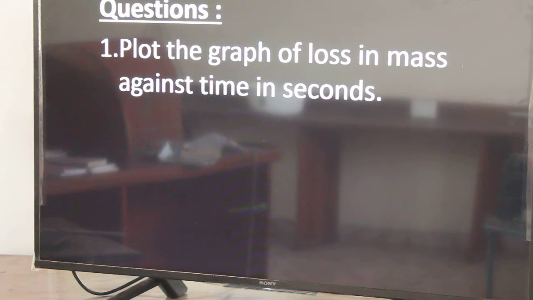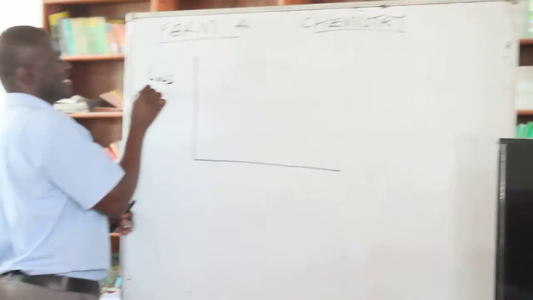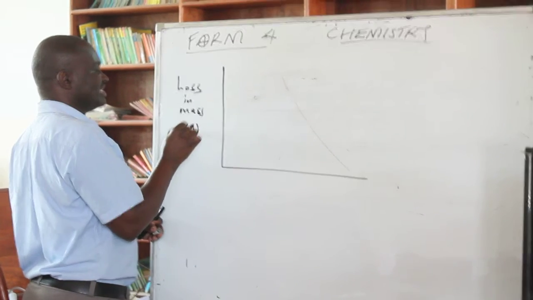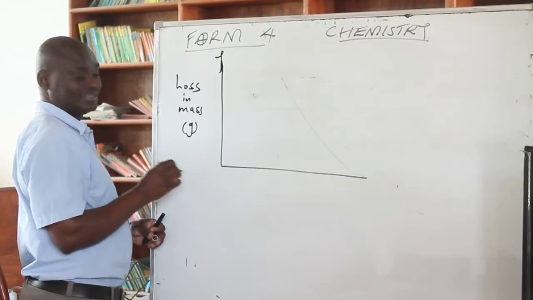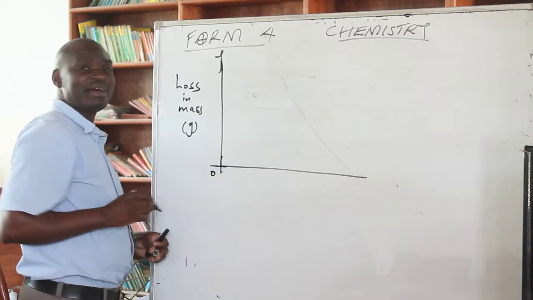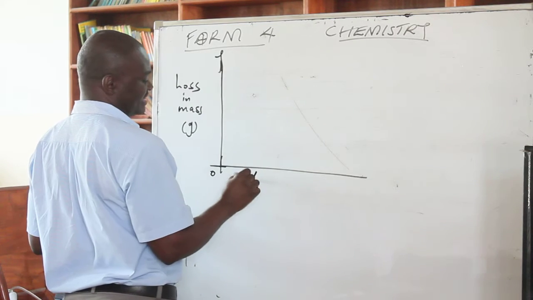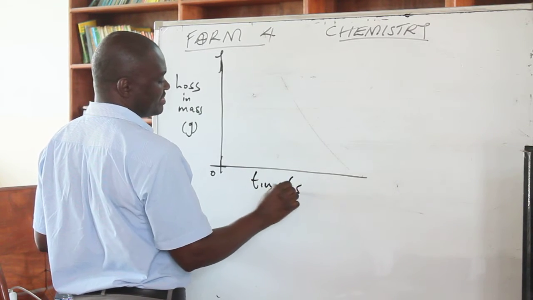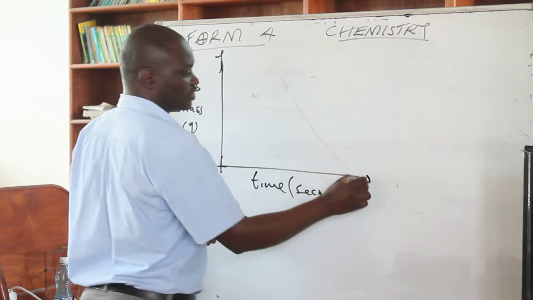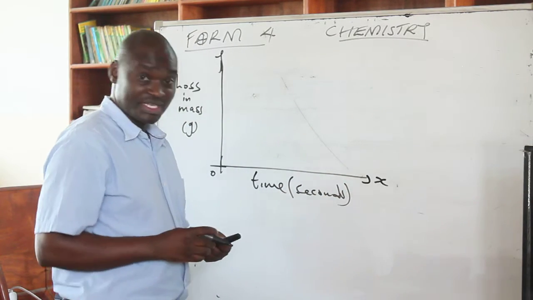So we were supposed to have a graph, with loss in mass in grams against time in seconds. This is what we were supposed to plot.